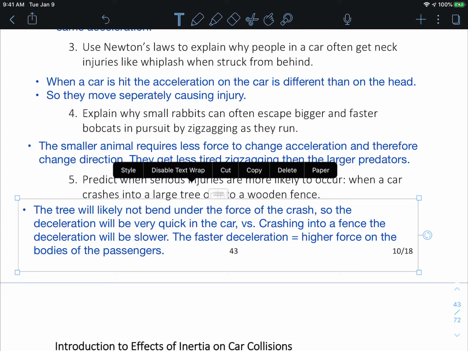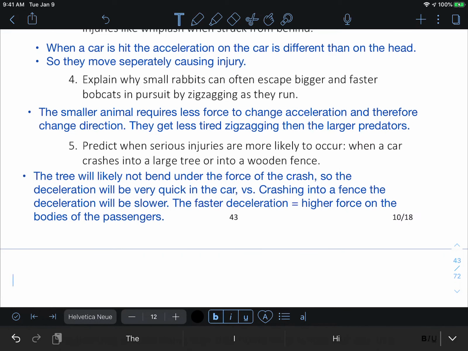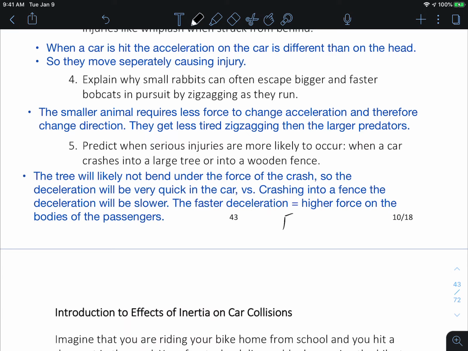A smaller deceleration will mean that a smaller force is involved, even if it's the same mass in both cases. So using this equation, force equals mass times acceleration, we're saying that if we bring down the acceleration, we actually bring down the force. So that's why you want to accelerate slowly.